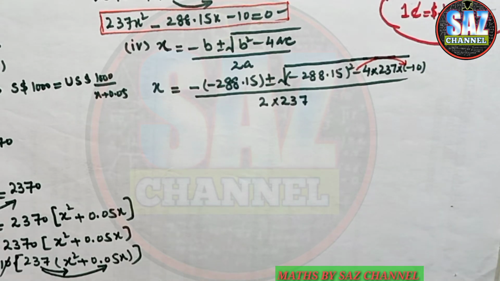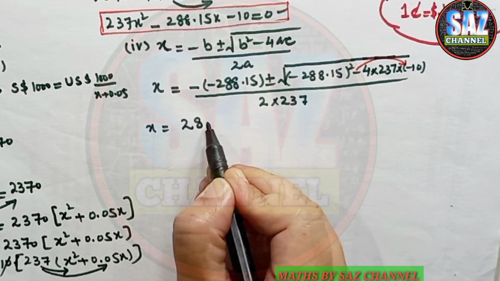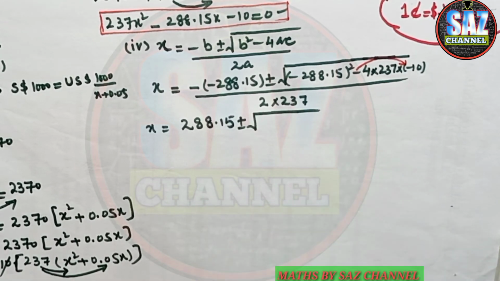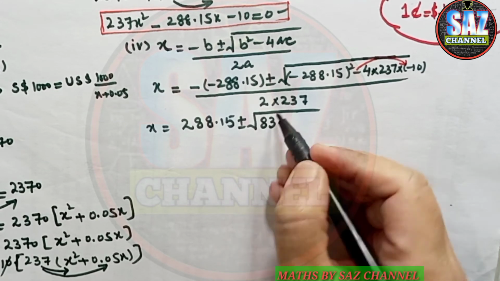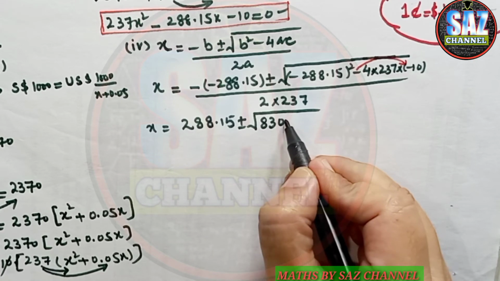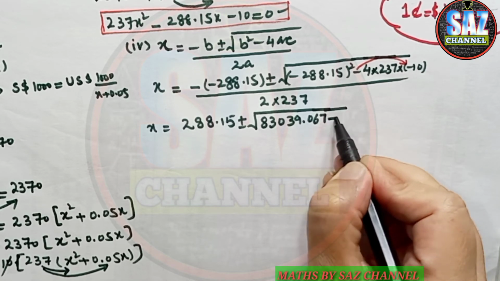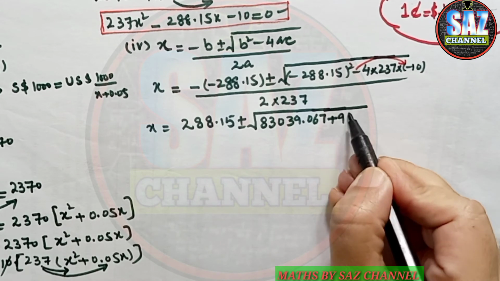And now take the square of 288.15. x equals, this will become positive 288.15 plus minus the square of 288.15, that is 83,039.067, plus 4 times 237 multiplied by 10, that is 9480.